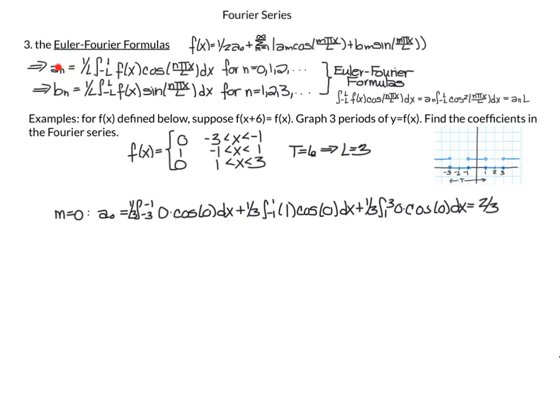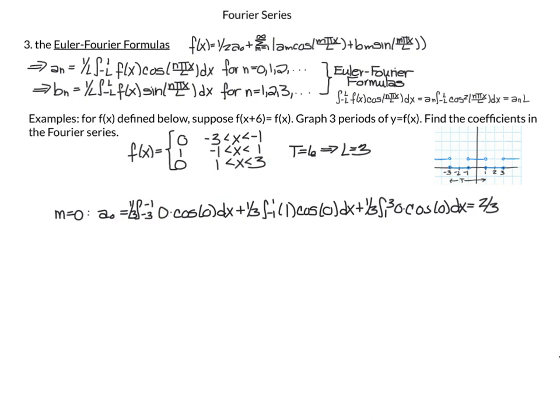So now to do a naught, m is equal to 0, or here I guess it's designated as n, and we have the 1 over L, 1/3, from minus L to L. So our first interval is from -3 to 1, but we're integrating 0, so this is going to go away.